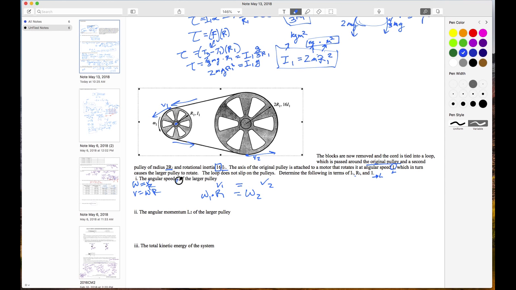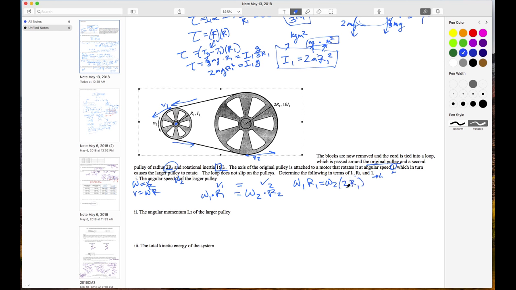This is angular speed omega 2 of the larger pulley. Omega 2 times R2. Well, but how big is R2? So omega 1 R1 is equal to omega 2 times R2. Well, based on this, R2 is just 2R1.